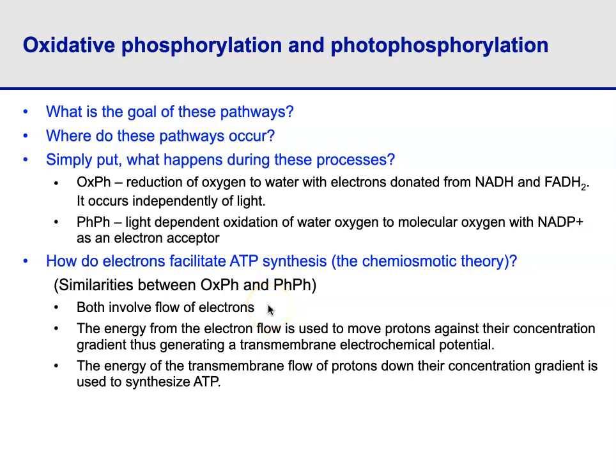And the energy from the electron flow is involved in the movement of protons against their concentration gradient, thus generating an electrochemical gradient across a semi-permeable membrane, in this case the inner mitochondrial membrane. That gradient then will be used to drive the synthesis of ATP. So that is similar for both processes.